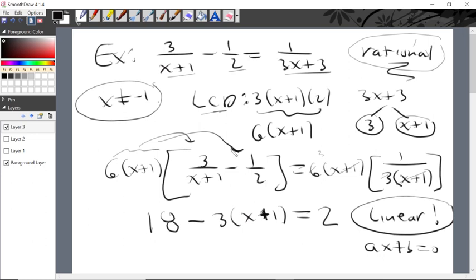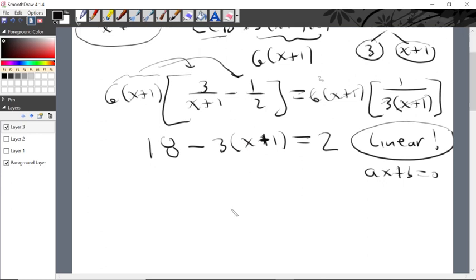If we happened to get exactly what we didn't want, we would label that solution as an extraneous solution. It would not be a solution. So we can apply all the proper mathematical technique and still end up with a solution that is in fact extraneous or not a solution.